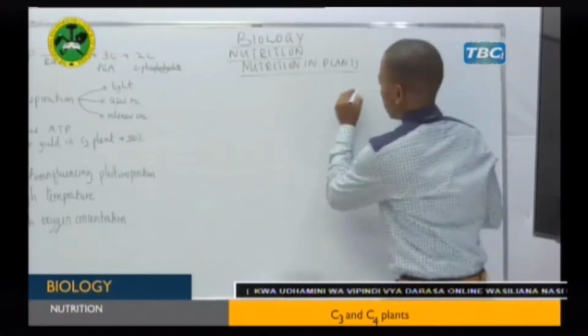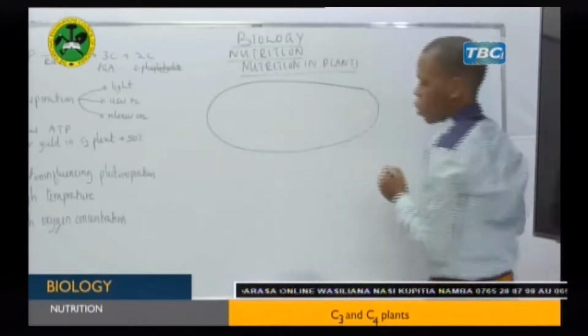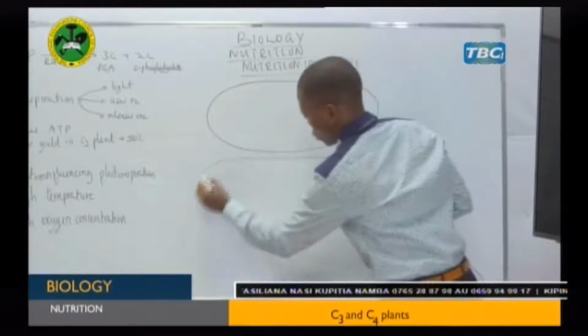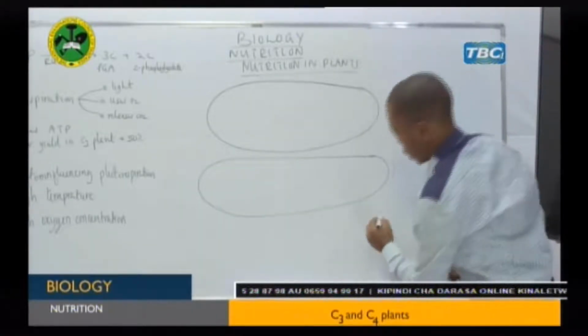Therefore, we have the first organelle here, the chloroplasts, this one, leaf peroxisomes, and this one.